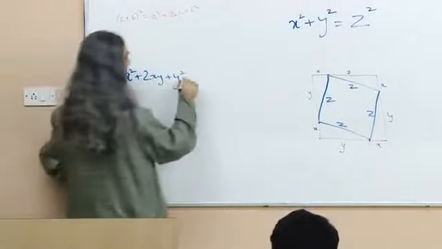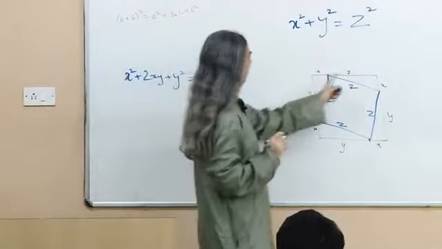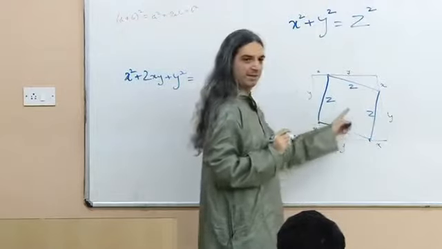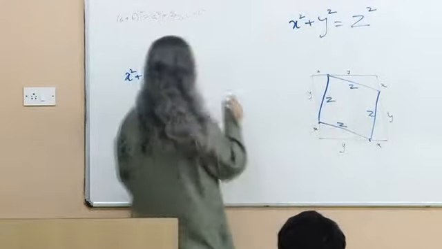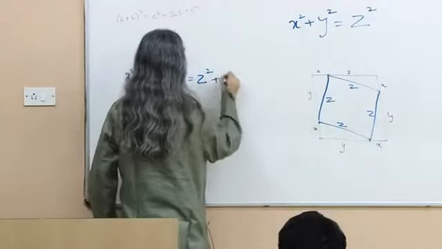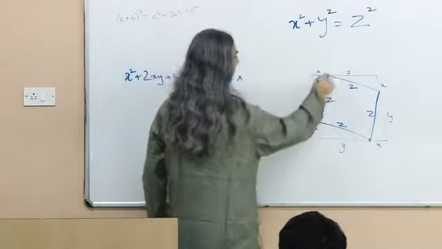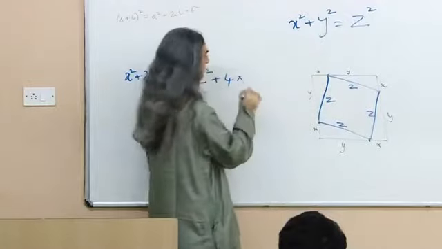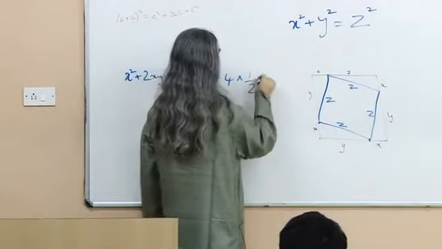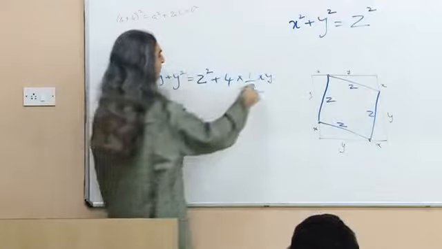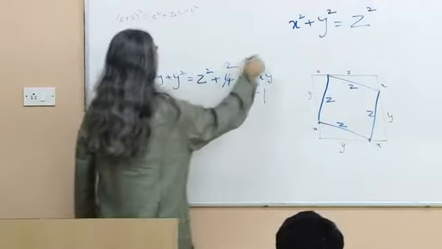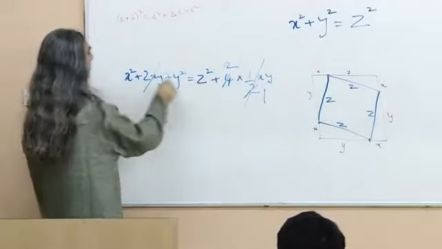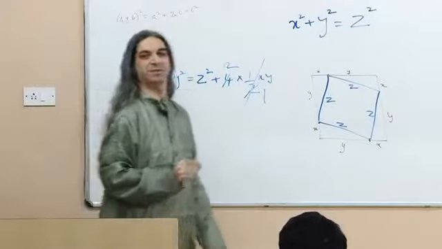It is also equal to the area of the four triangles plus the area of the smaller square. What is the area of the smaller square? Z squared plus 4 into, what is the area of the small triangles? Half base into height, right? So 2 1s are 2, 2 2s are 4, 2xy will cancel with 2xy, and you get x squared plus y squared is z squared, which is Pythagoras theorem.